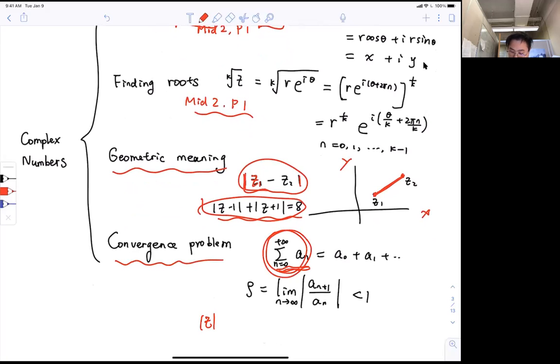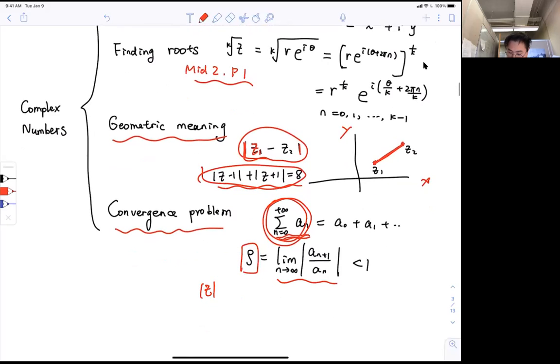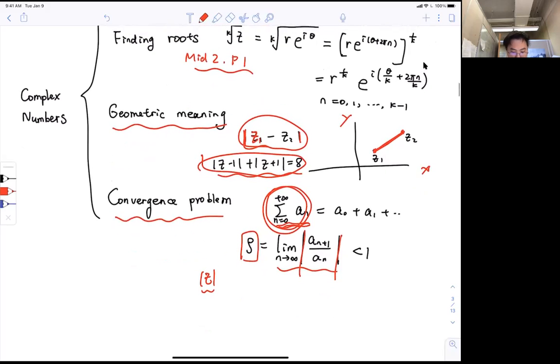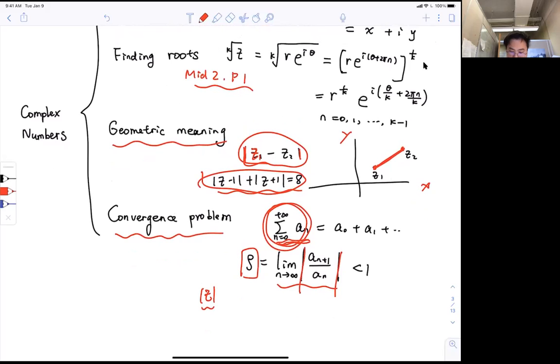Then you only need to construct a value rho by taking the limit as n goes to infinity of the absolute value of a_{n+1} divided by a_n. And we want this to be smaller than 1. Then we get the regime of this complex number z. Okay, so this is the complex number part.